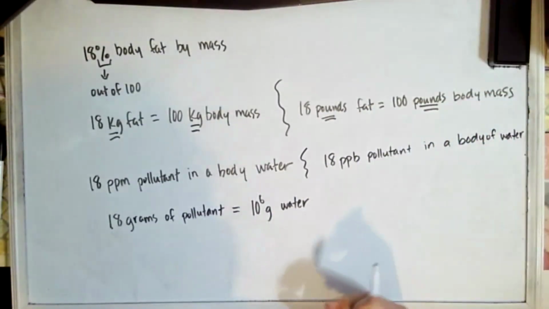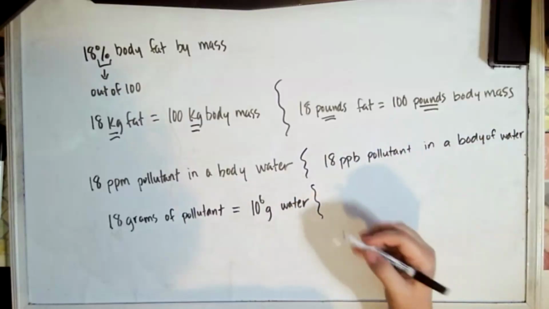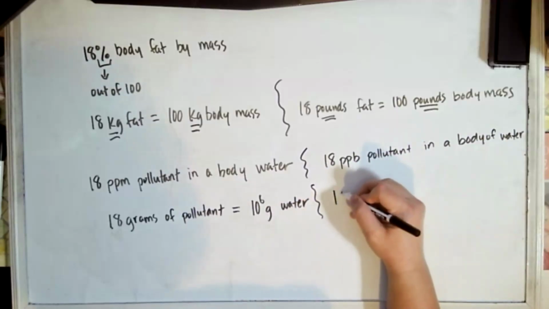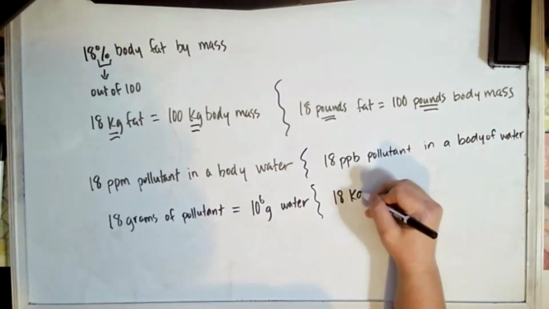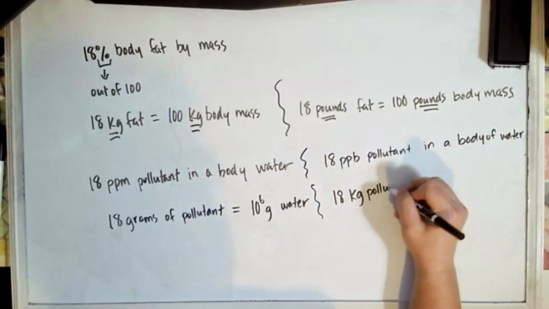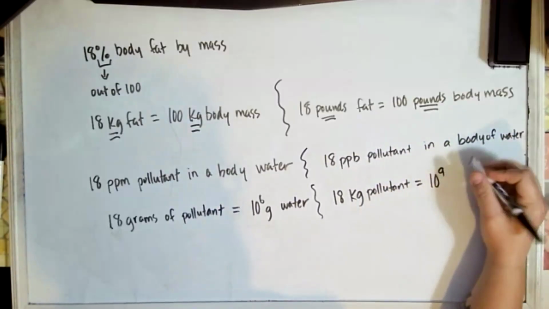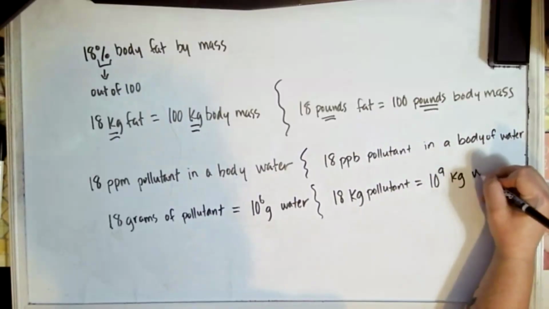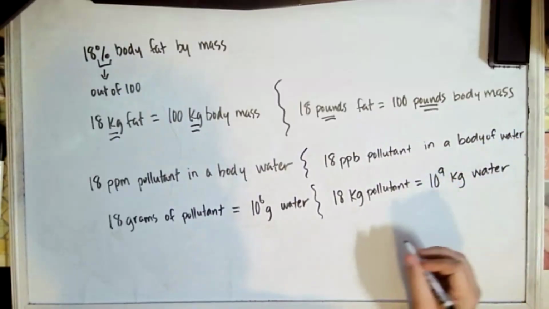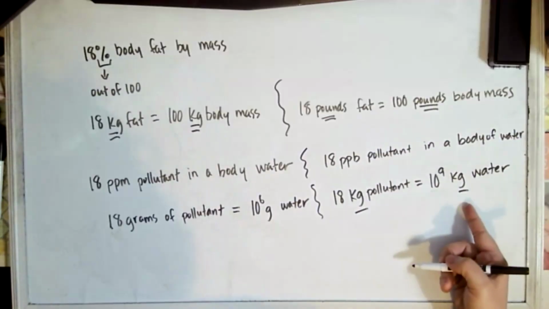But I just want to write out the equalities so you can see them. If we were doing 18 parts per billion, you could write that there's 18, I'll switch it up here, kilograms of pollutant in every 10 to the 9 kilograms of water. Right? But you see that these units have to match internally.